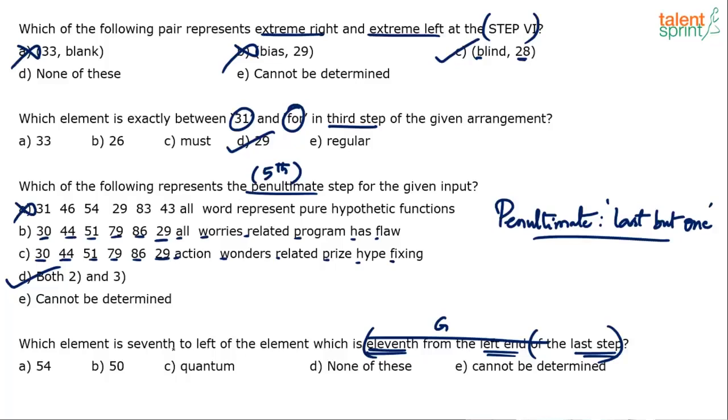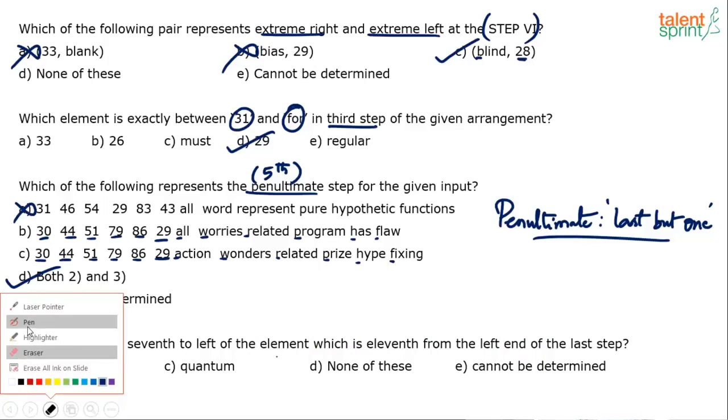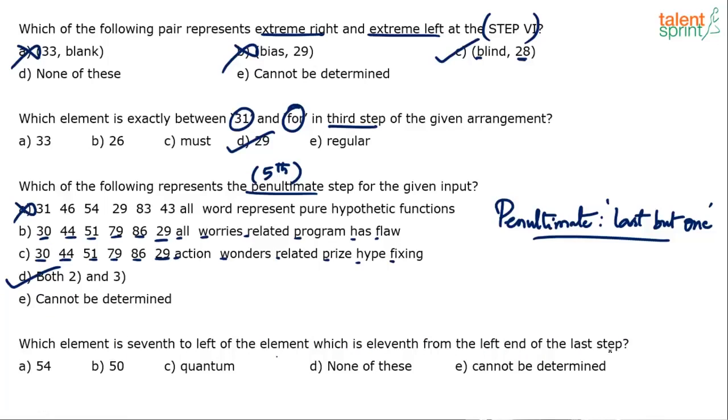Right? Which element is 7th to the left of the element which is 11th on the left hand, which is G? So which element is 7th to the left of G in the last step? You getting it? See, we are focused on the last step.